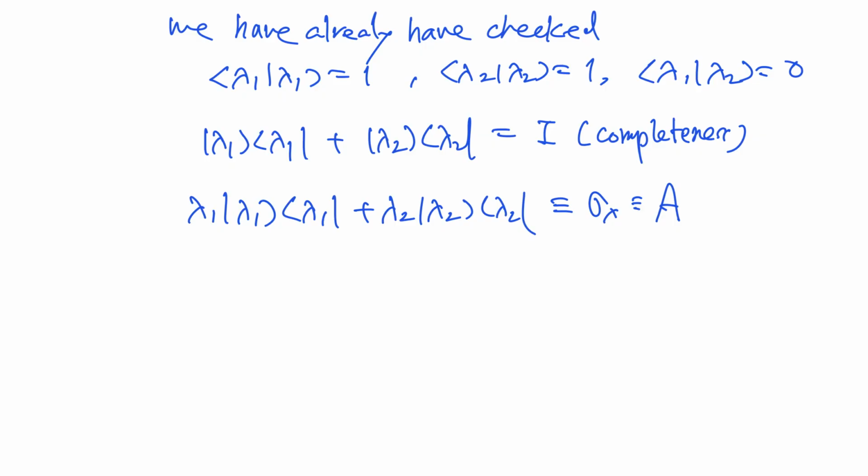It's very interesting that the outer products, together with the eigenvalues, produce the original matrix. This is actually true only when A is Hermitian. This is true for Hermitian A.